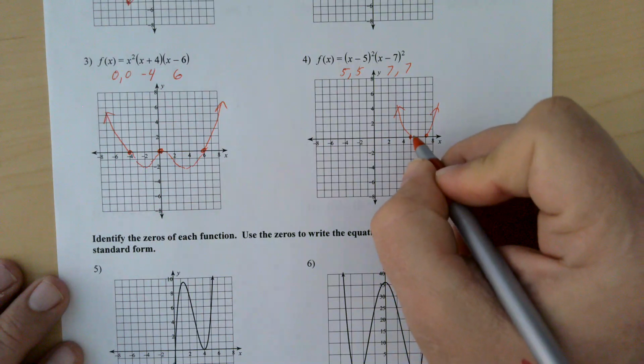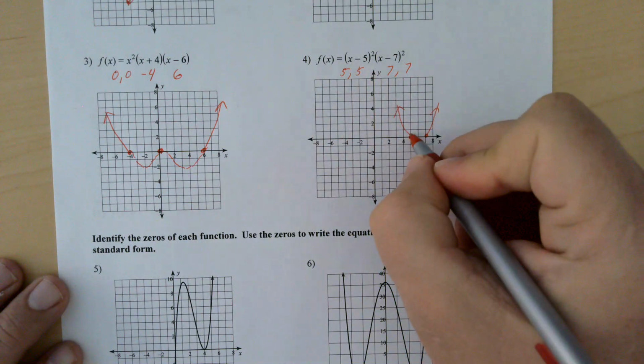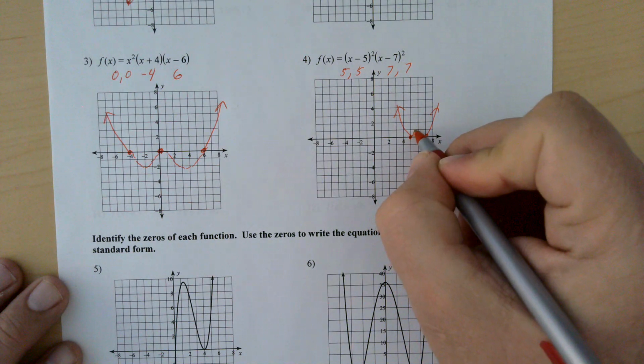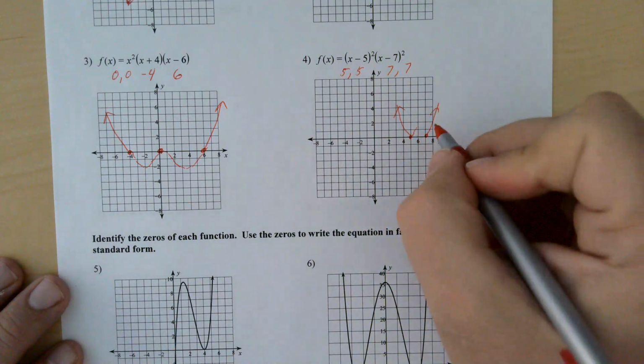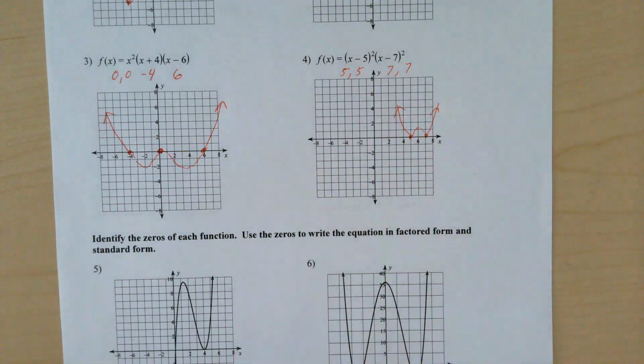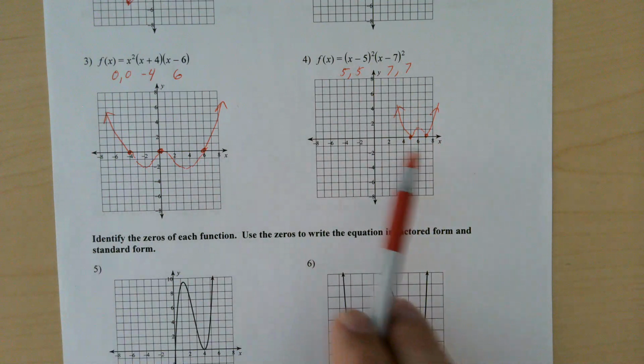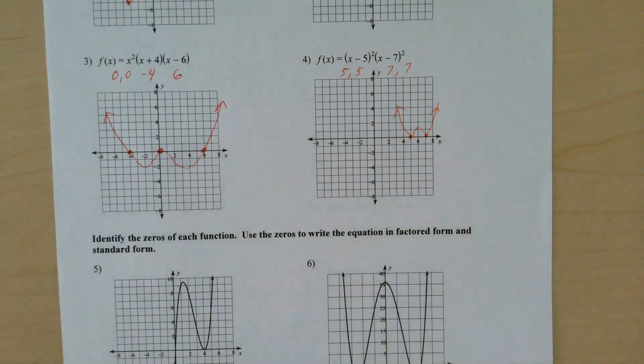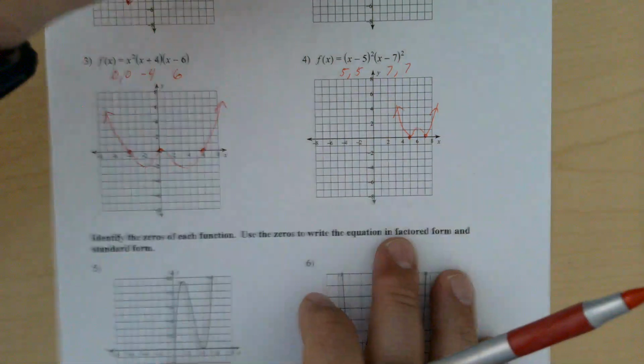Okay, you can't pass through this since 5 is repeated. It's going to come down, hit 5, go up somewhere, turn, bounce off of 7. So again, we have a little W for this. If you type this in a calculator, you will see no negative outcomes. Okay, so again, more practice on what we learned in section 4.8.